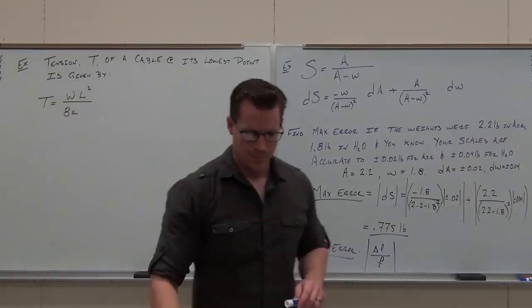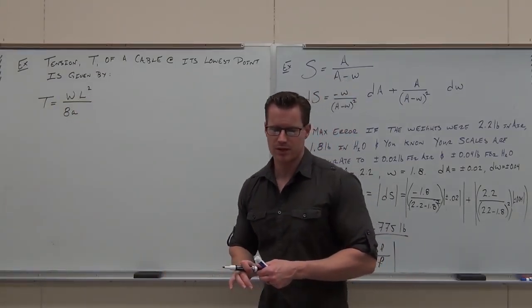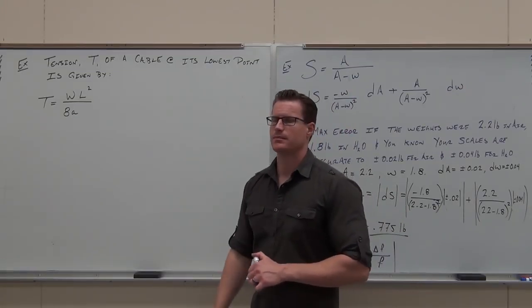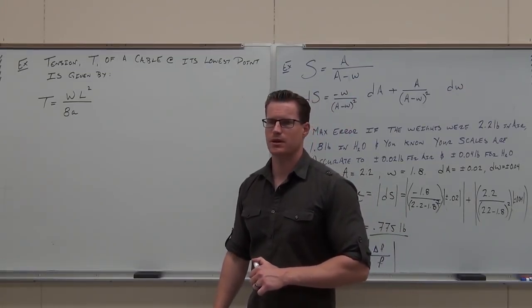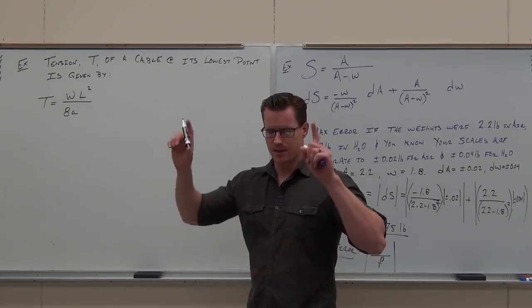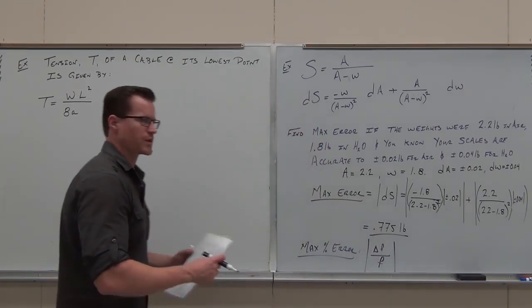The tension of a cable hanging at its lowest point is given by that. Well, what's all that mean? Let me draw you a picture. Suppose we have some bridge, some roadway that's supported by two posts with a cable.